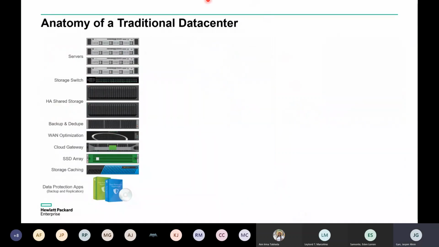So first, we'll go through the anatomy of the traditional data center, as we call it, where we have our traditional servers, storage, switches, a backup appliance maybe to do our backups or backup applications. If we have offsites, we have WAN optimization and other appliances in our data center. So what do all of these layers represent?